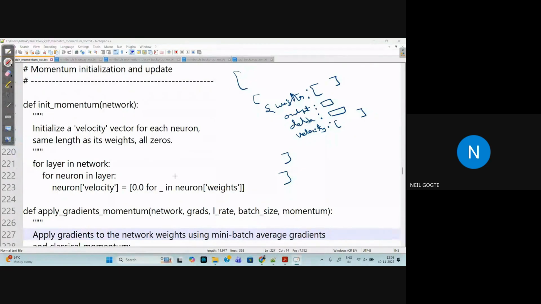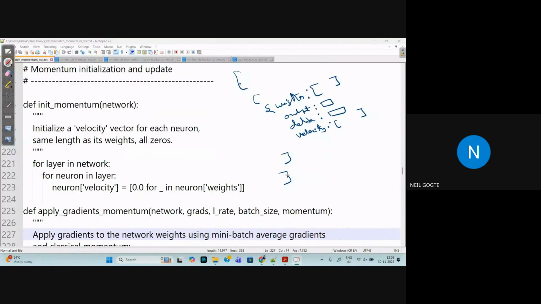See, this neuron velocity is this. So it's maintaining it and zeroing it in the beginning. It is maintaining it in the data structure. Actually, you could have maintained the gradients also here. Okay, we will not worry about it. So this is the data structure.